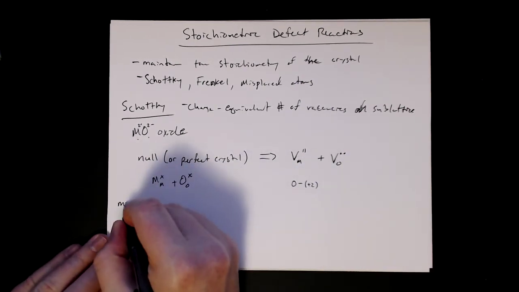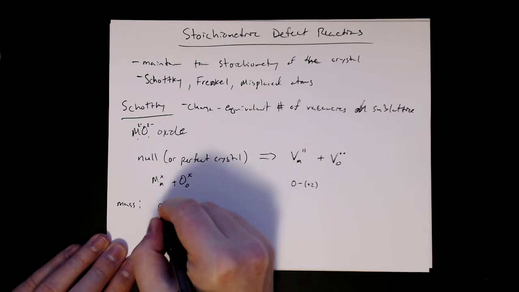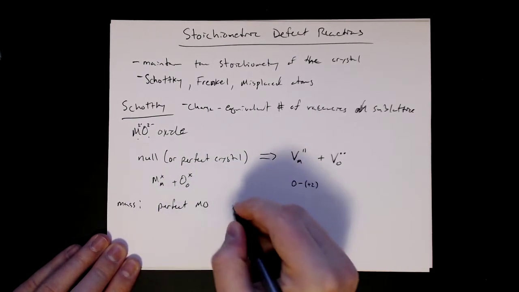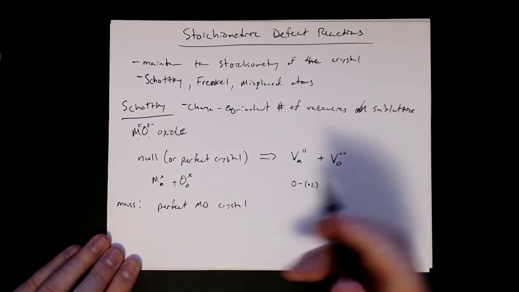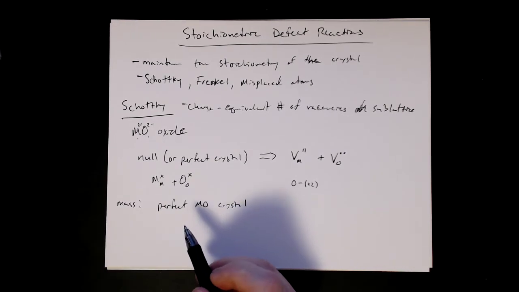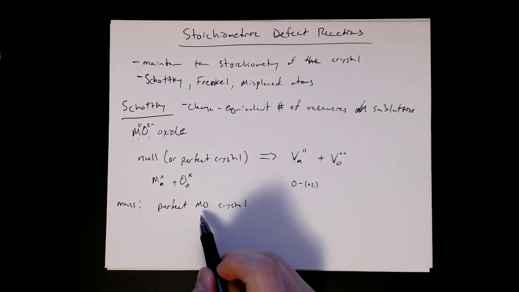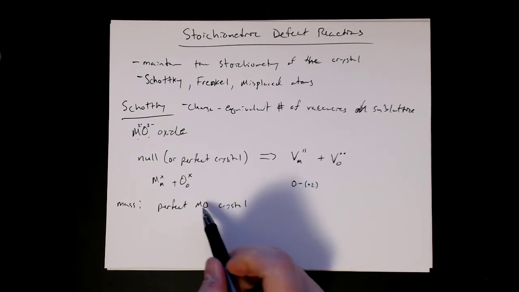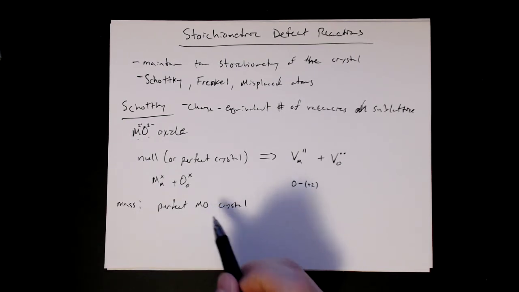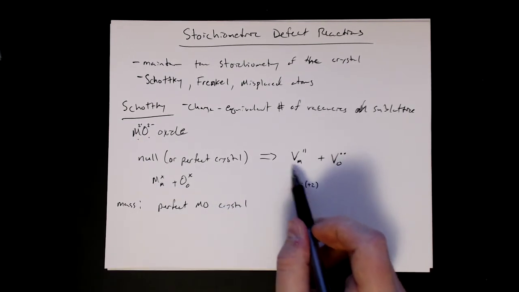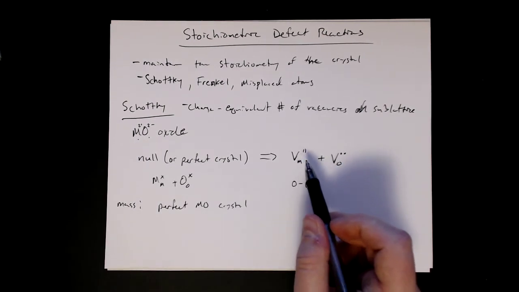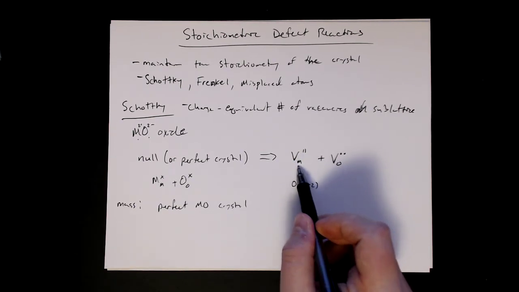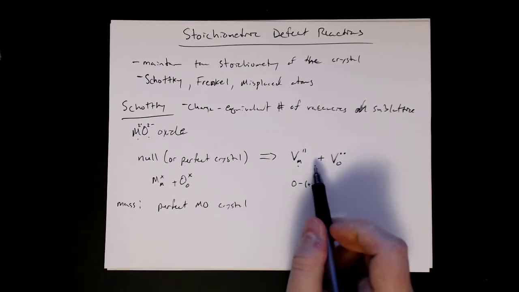So for mass, a perfect MO crystal would have essentially the mass of this. We would have one metal and one oxygen in terms of a mass. So when we write it like this, and we only talk about the vacancies, we're not talking about what happened to the metal and the oxygen, because we're only showing vacancies.